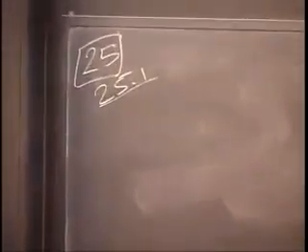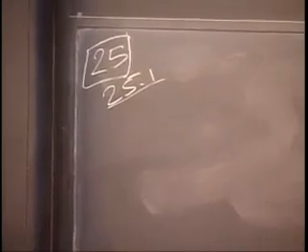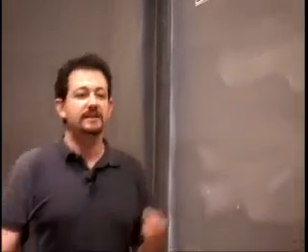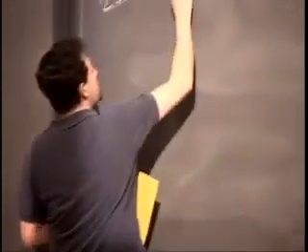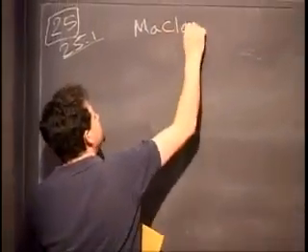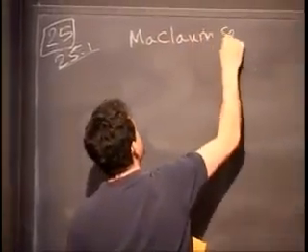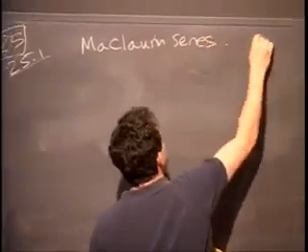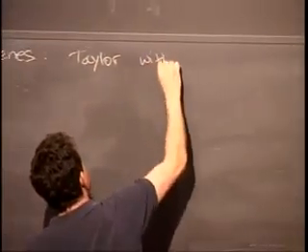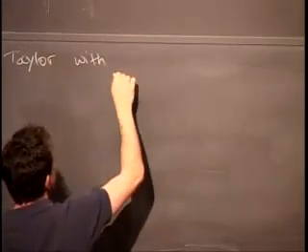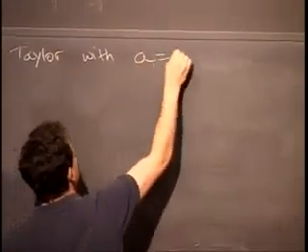Let me just remind you, when a equals 0, as it did in the previous case, it's called a Maclaurin series. So just one little thing, Maclaurin series, it's just Taylor series, Taylor polynomials, Taylor series with a equals 0.